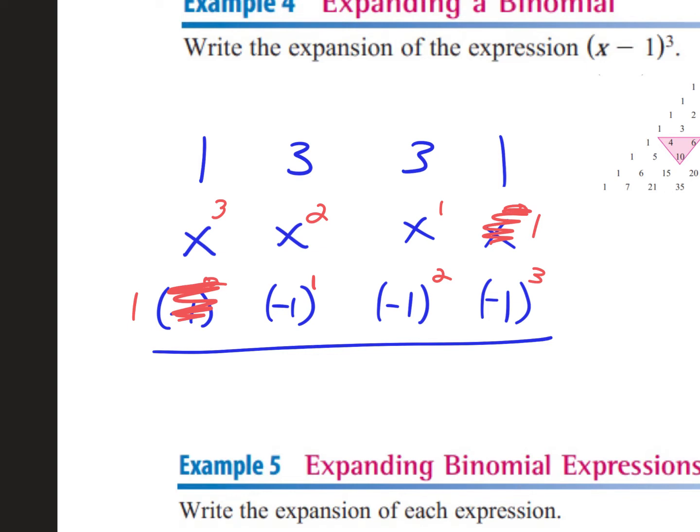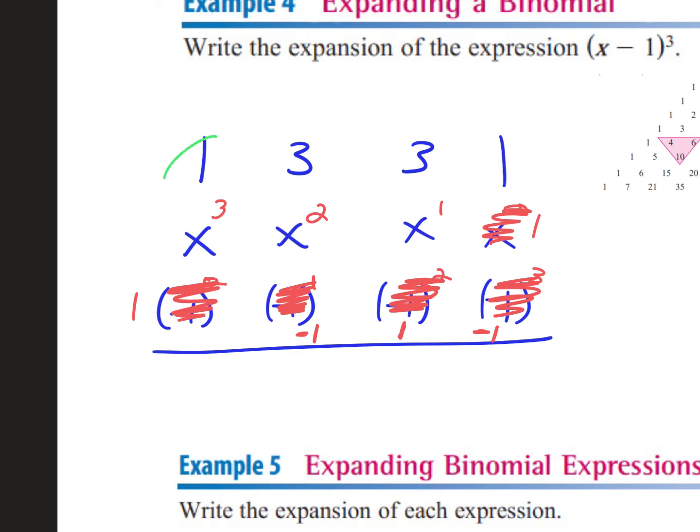What is negative 1 to the first power? Negative 1, okay. What's negative 1 to the second power? Positive 1. What's negative 1 to the third power? Negative 1. Get all of the thinking out of the way, guys. Anything you can do to reduce the amount of thinking or mistakes that you could possibly make, I would try to get done. All that little simplifying in between, you'll see in the next couple that we do, it's easier.